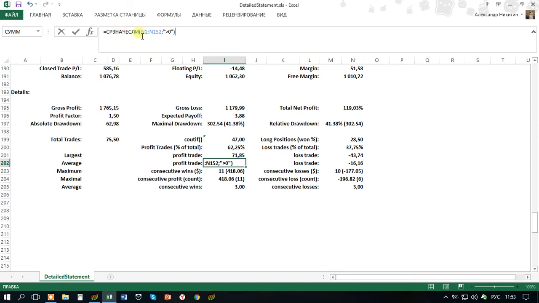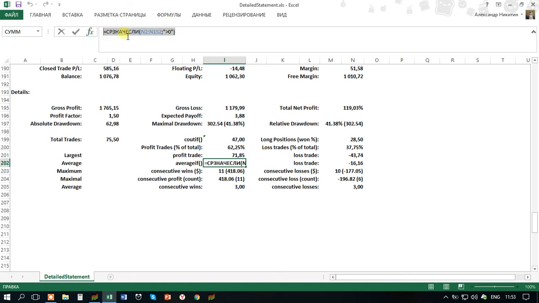AVERAGEIF, if more than 0. So it looks like this. Sorry, Russian letters. AVERAGEIF, something like this, and it should be this way. So now you see my average winner became less than 22.